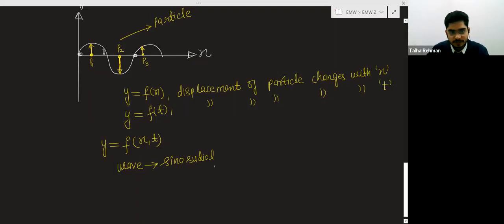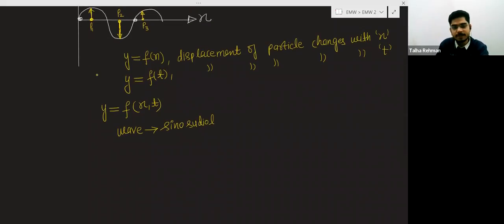It is sinusoidal because it is in the form of the sine curve. The equation of this wave will depend upon the sine, obviously, and on time and distance also. The equation of the wave is basically the displacement of the particle.